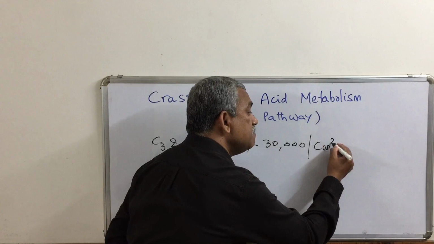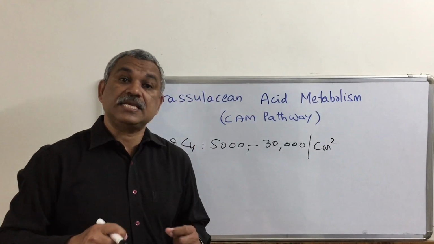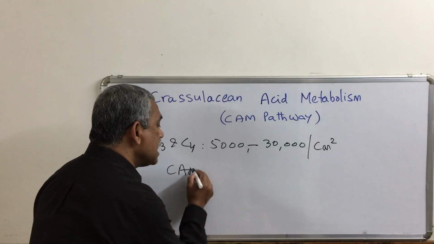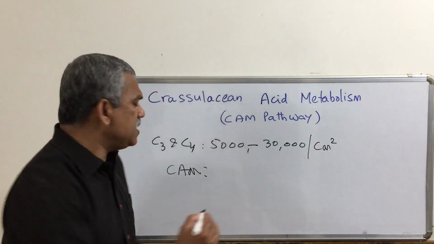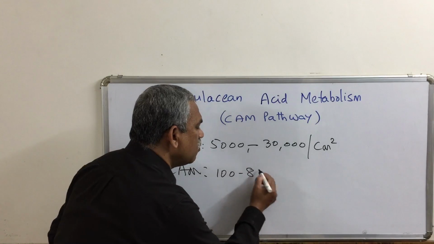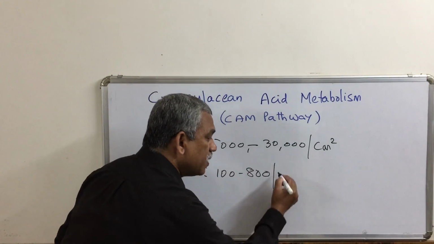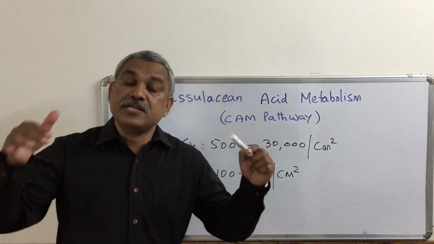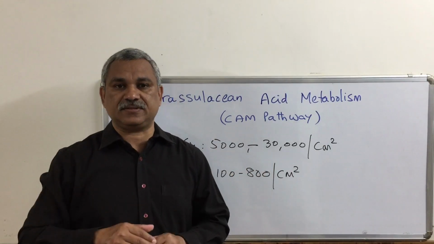Whereas CAM plants have maybe about 100 to about 800 stomata per square centimeter. So the number of stomata has decreased.